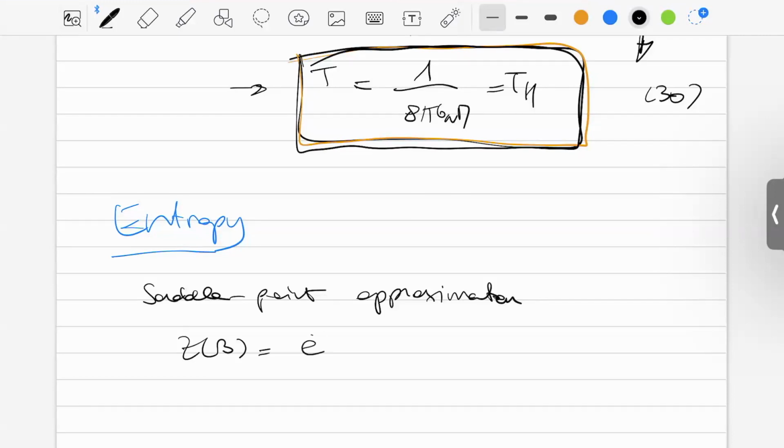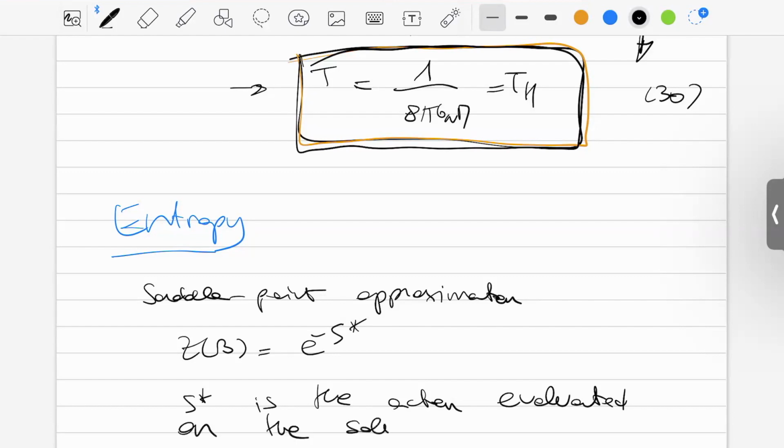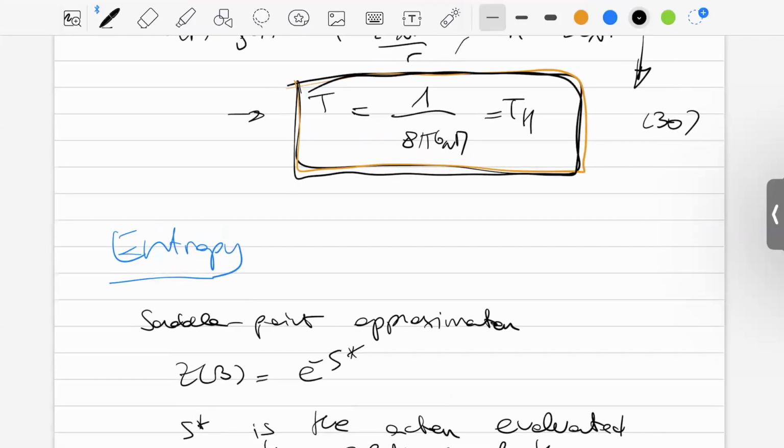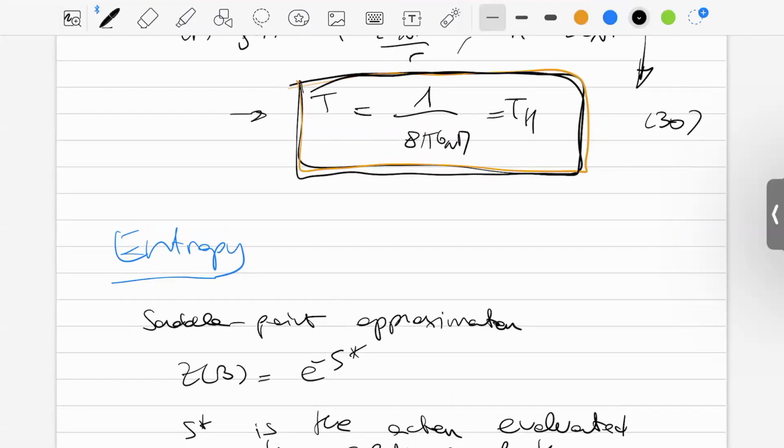You can write it as e to the minus S star, where S star is the classical action evaluated on the solutions of the classical equations of motion. In other words, S star is the on-shell action. So this would be our approximated value of the partition function.